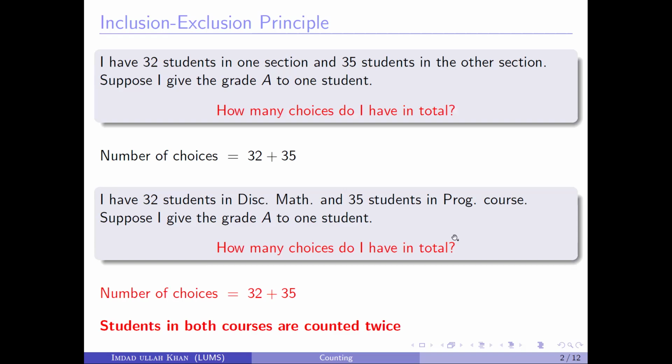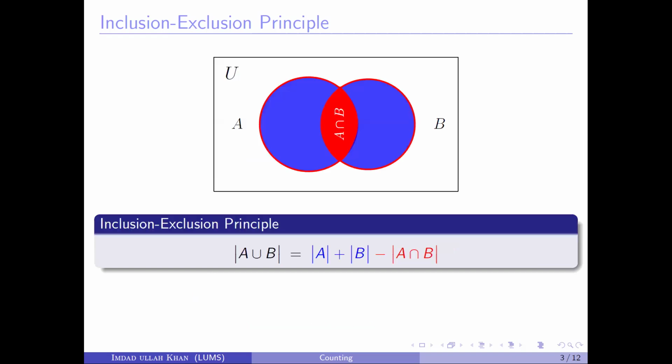So if you recall the fundamental sum principle, the basic principle claimed that we add the cardinalities of both of the sets if those sets are disjoint sets. But in the context of a course which is discrete math and then there is a parallel programming course, there could be an overlap. So the overlap part is being counted twice.